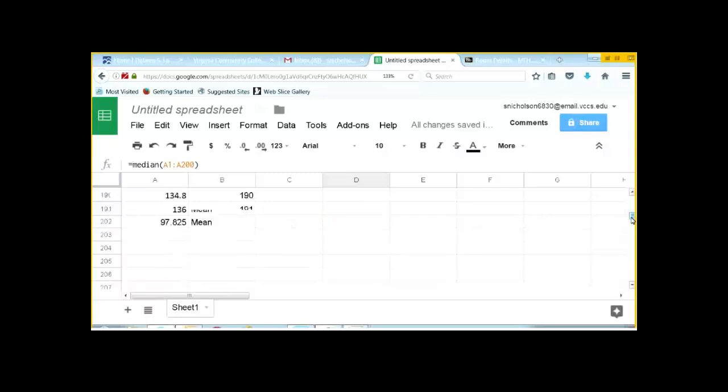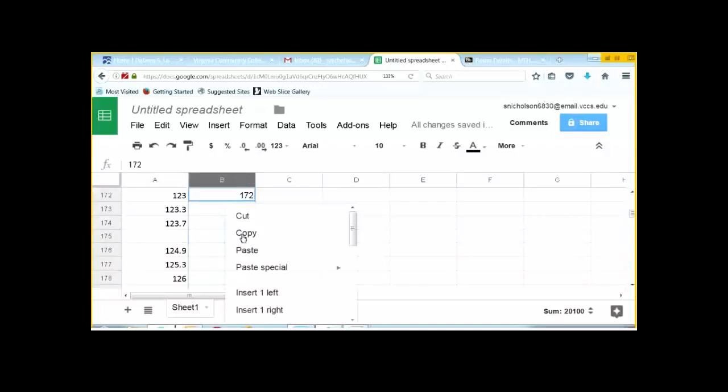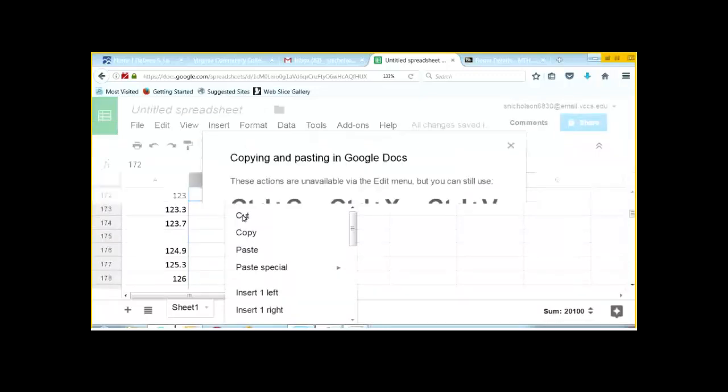Now what I'm going to do is take one of the data points and delete it, just to show you what happens when you have an odd number of data points. So I'm going to delete that, actually let me delete this whole row. So let's cut that.